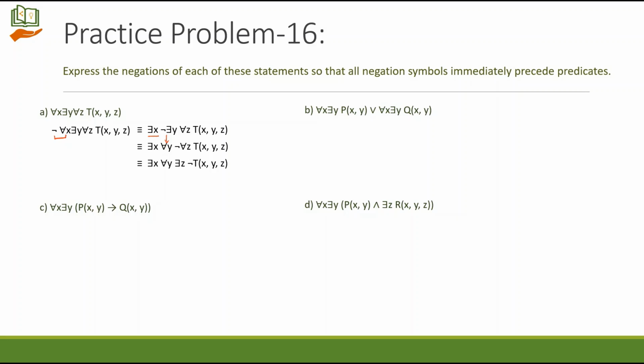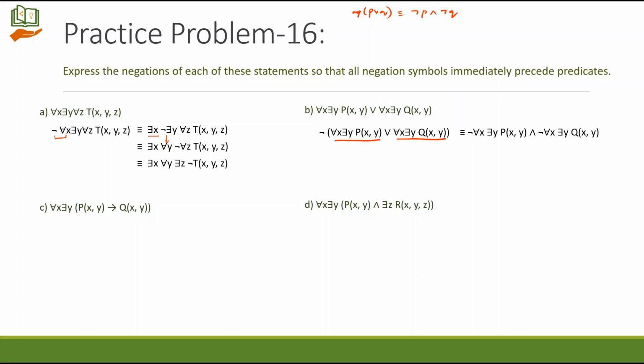Now we will move on to the B problem. We are applying negation to the whole expression. Since we have disjunction here, we are using a bracket in order to specify that. This is in the form of negation of P or Q. So what we will do here is negate P, change this to conjunction and then negate Q. Now we are going to apply it inside.